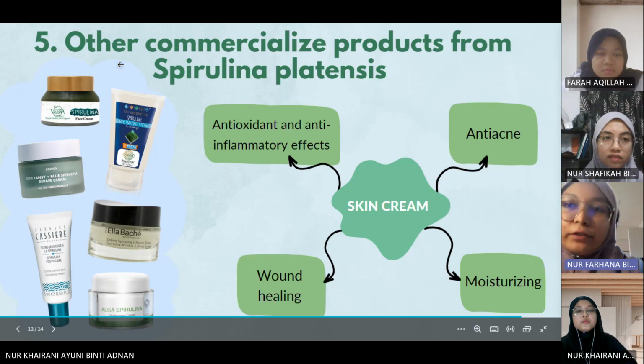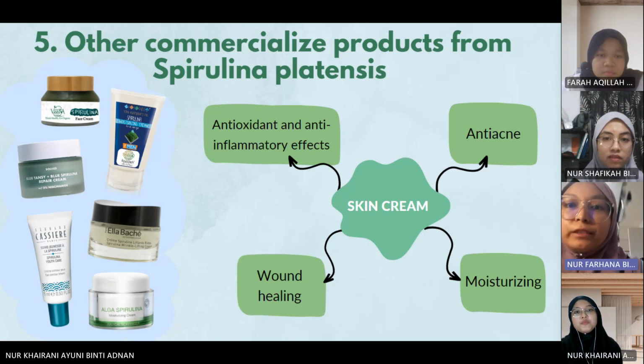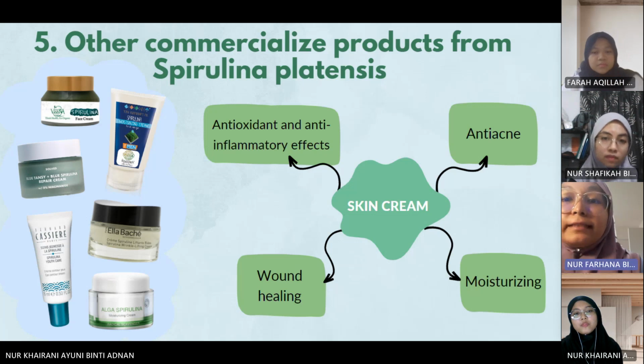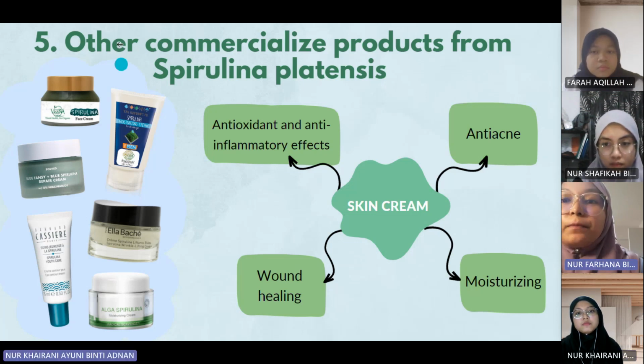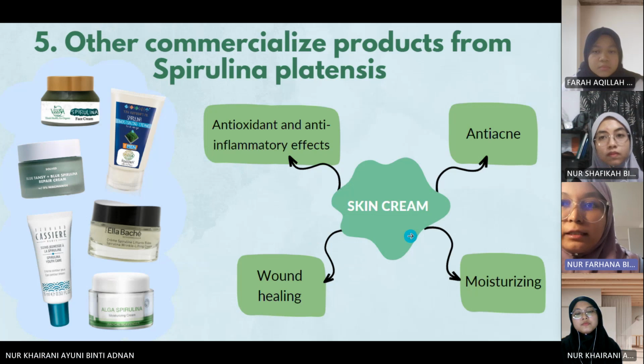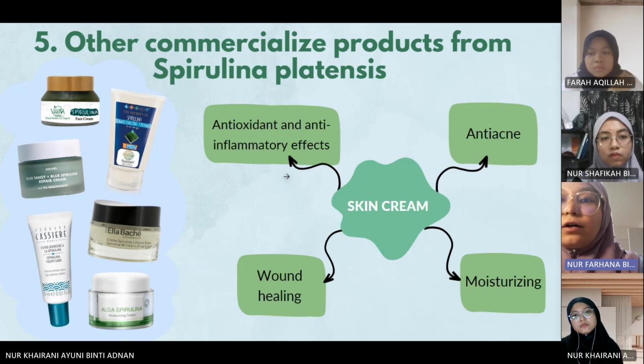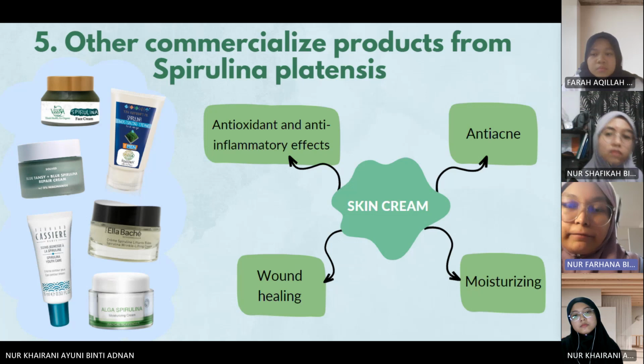Hi, so I'm going to present to you about another commercialized product from Spirulina platensis. The product that I've decided to choose is skin cream. Besides the application in food, spirulina is also commonly used in skincare. It is because it has a lot of benefits for the skin. The first benefit is antioxidant and anti-inflammatory effect. So what is antioxidant?